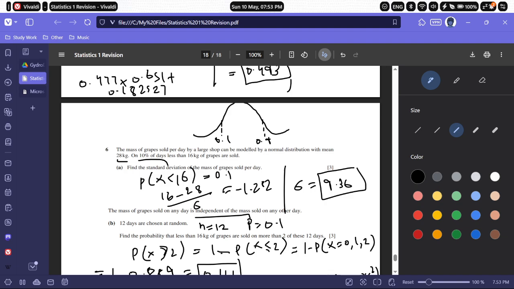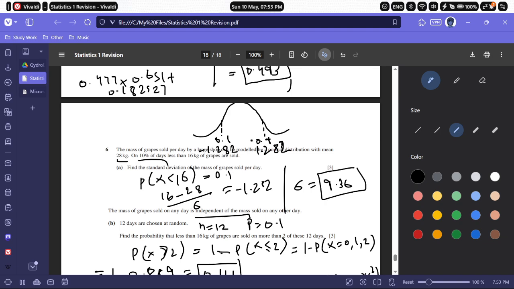The z values for 0.1 and 0.9 will not be the same; one would be the negative of the other. In this case, the z value for 0.9 is 1.282.